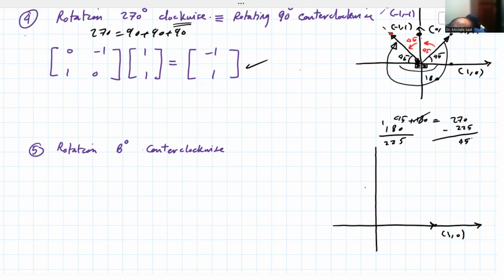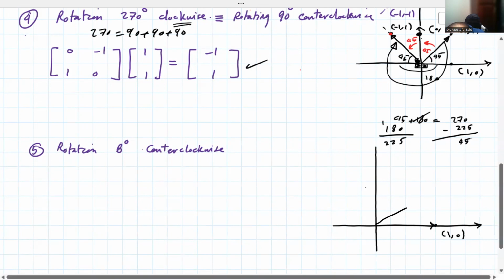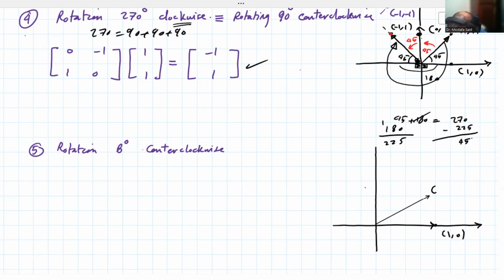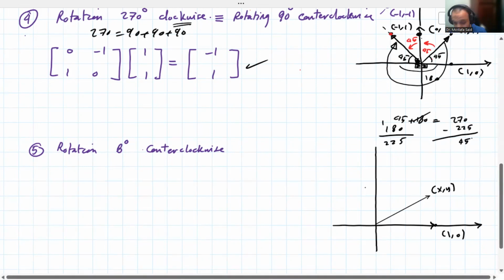Let's assume it rotates and, for example, reaches this point. That point has two coordinates, x and y. We don't know x, we don't know y. What we know is that this rotation was a theta angle.